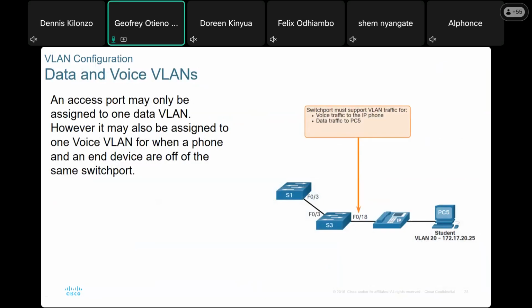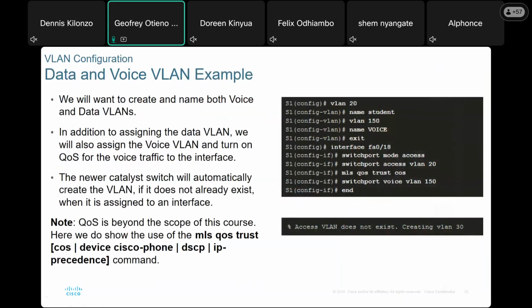However, it may also be assigned to one voice VLAN for when a phone and an end device are off the same switch port. So that's what we can do.